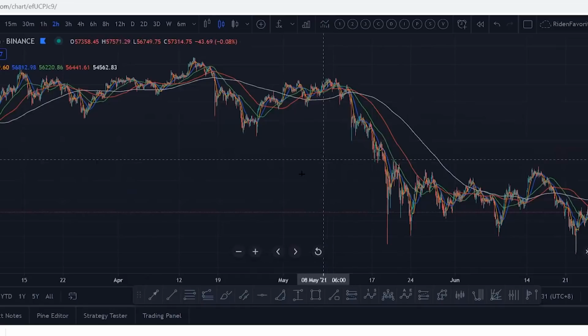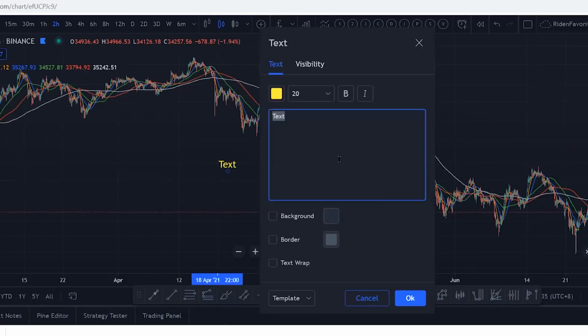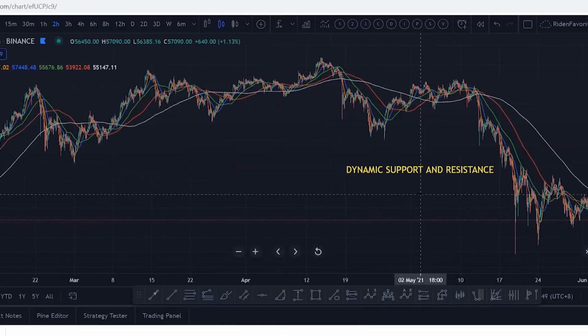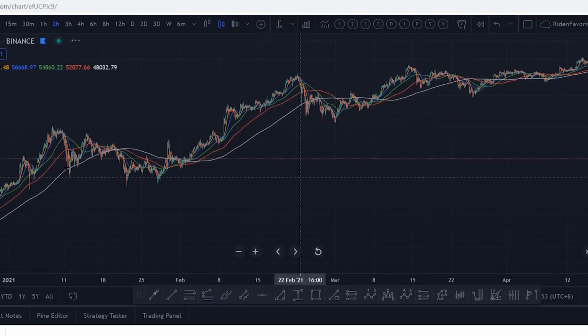So please take note that the main purpose of the moving average is that it works as a dynamic support and resistance. So dynamic means it changes from time to time, but it works as a support and resistance.